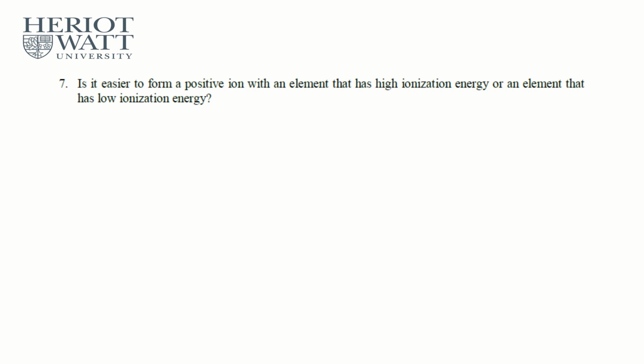So those with low ionization energy, which means less energy is able to remove an electron from it. Therefore, which element is easier to form a positive ion? Elements with lower ionization energy, because less energy is needed in order to form positive ions.